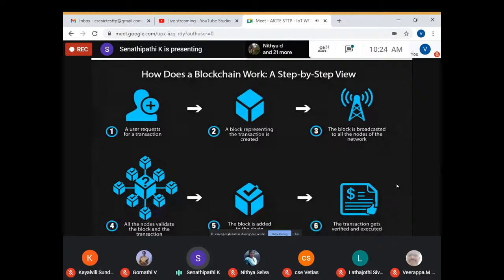Once the request has been given, a block is created and broadcasted to the network, to all the nodes. The nodes in the network have to validate the block, and once it is validated, the block will be added and then the transaction will be carried out. So this is how the blockchain will work.